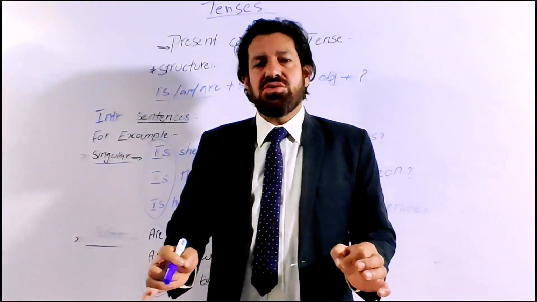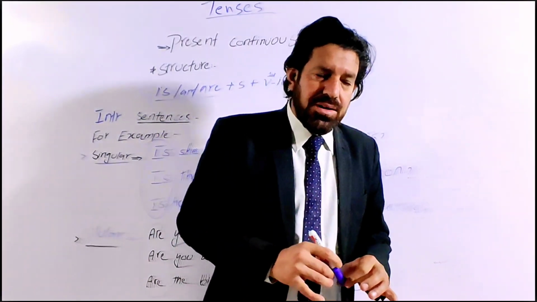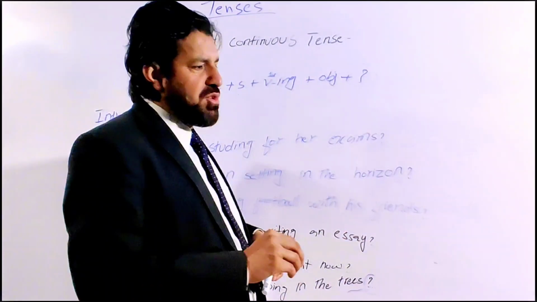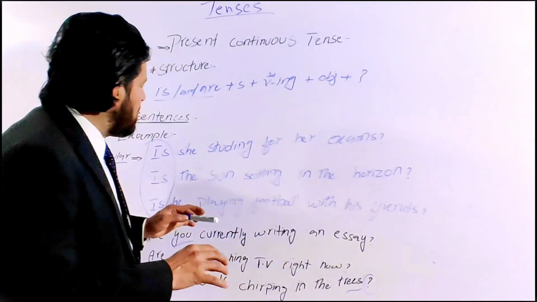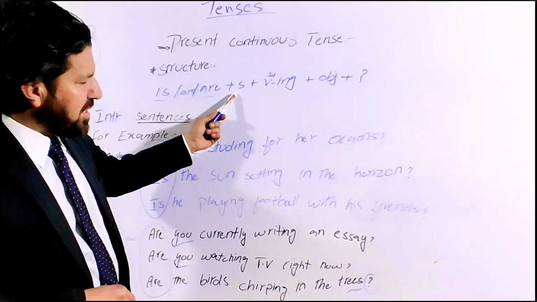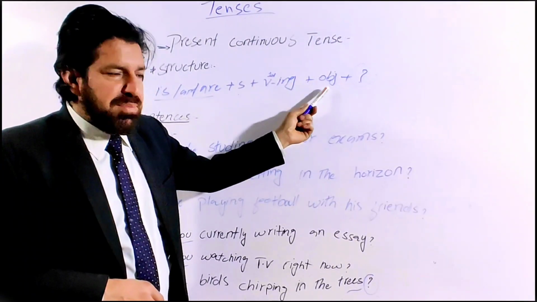In all interrogative sentences, you have to put a question mark at the end of the sentence. We are discussing present continuous tense; the structure is: helping verb plus subject plus first form of verb plus ing plus object plus question mark.